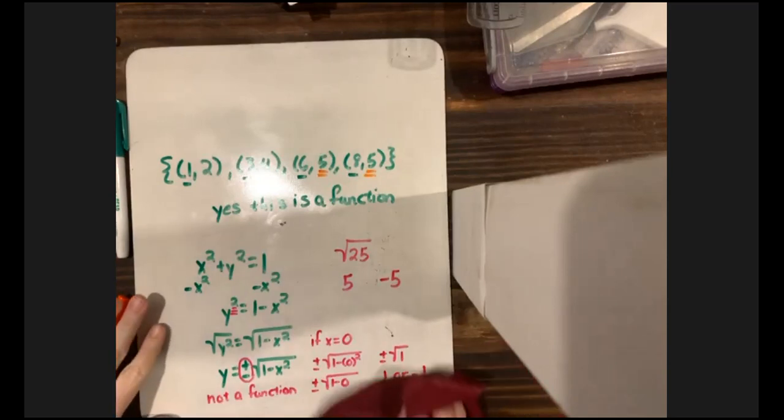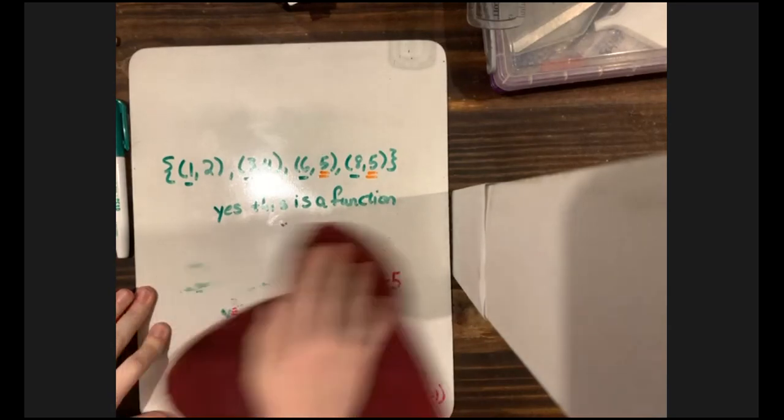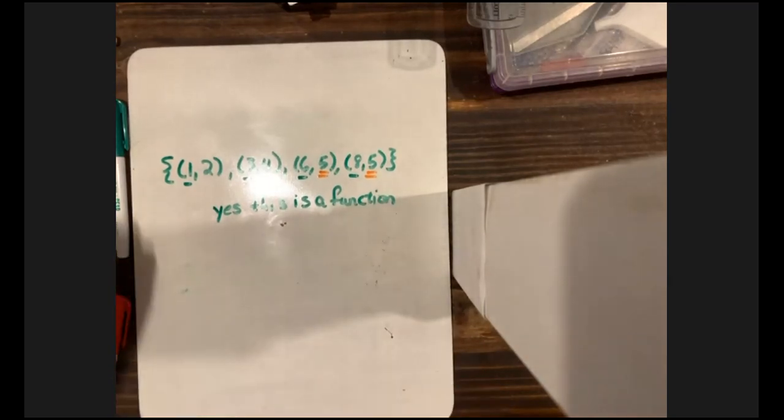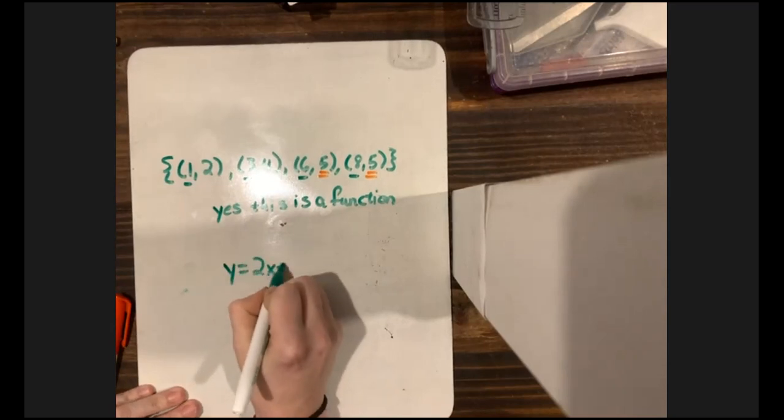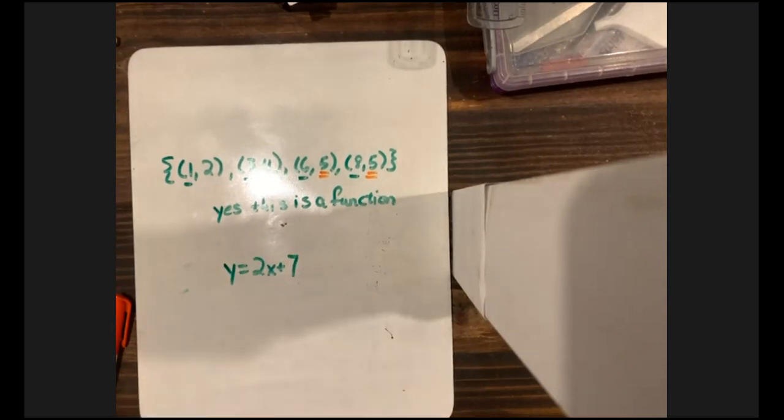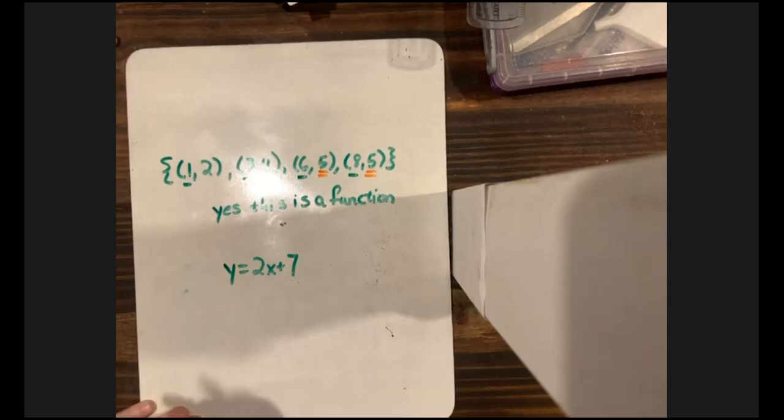Now, if you see things like y = 2x + 7, you're probably going to be pretty good. You can certainly check a couple of values, but take any number, multiply it by 2, add 7. You're not all of a sudden going to wind up with 2 different answers.